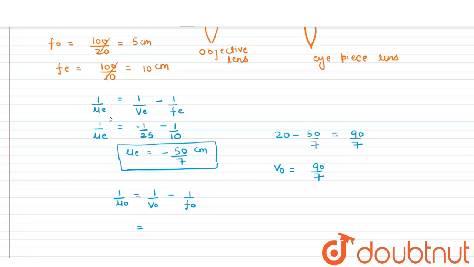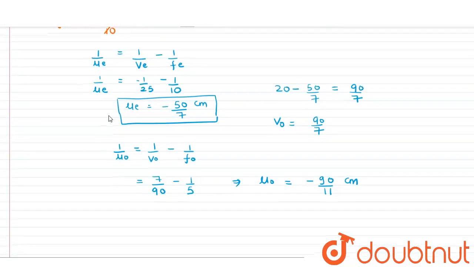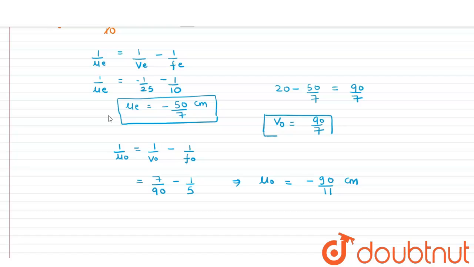Put the value of v_0, that is 7 upon 90, minus 1 upon 5, the focal length being 5 centimeter. So from here we get u_0 equals minus 90 upon 11 centimeter.